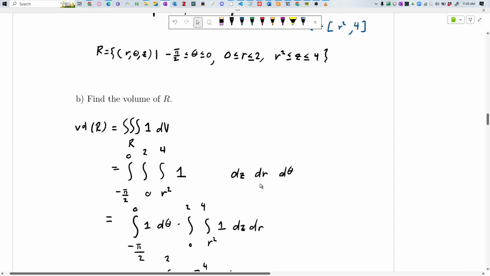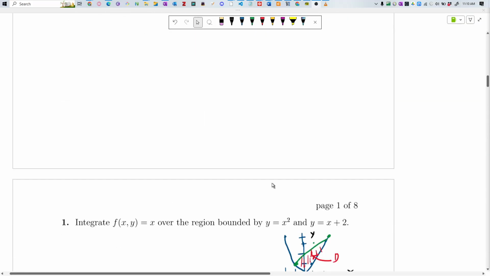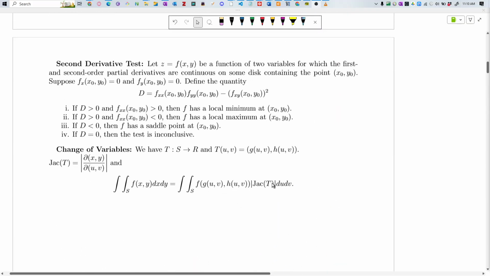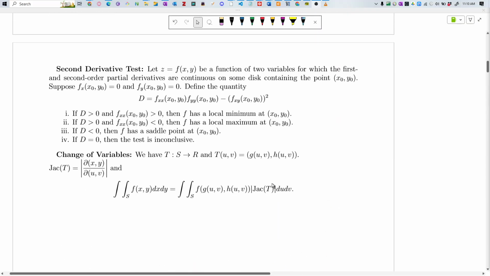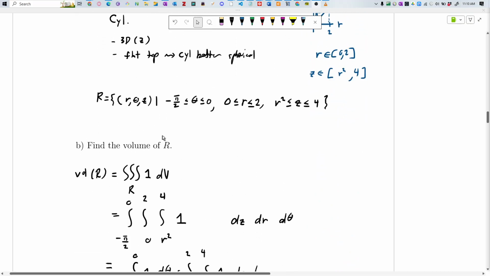Okay, I think I made a mistake here. Let me pause this. Let me just check things over from the beginning.